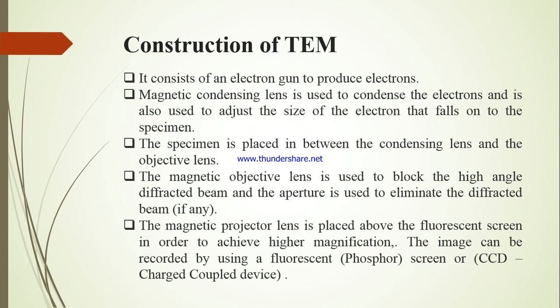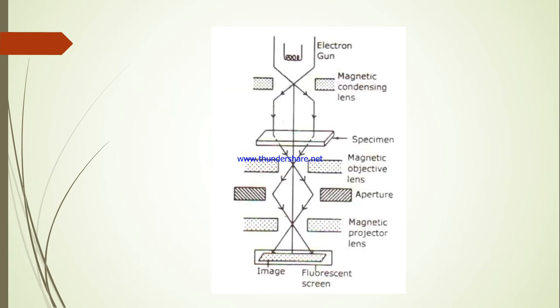The composition of the transmission electron microscope is not much different, because here also the instrument consists of a condensing lens.